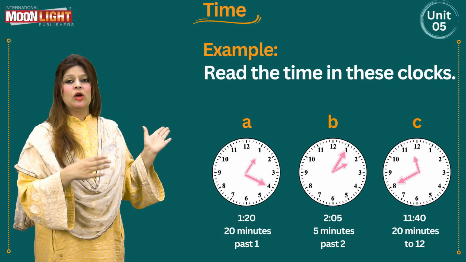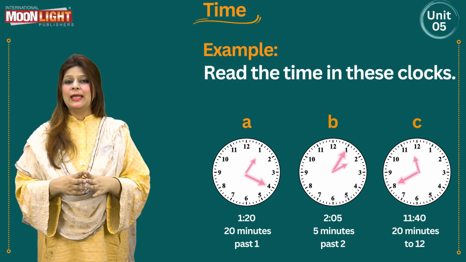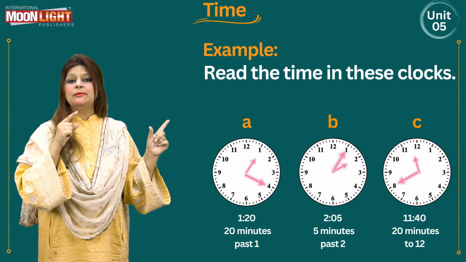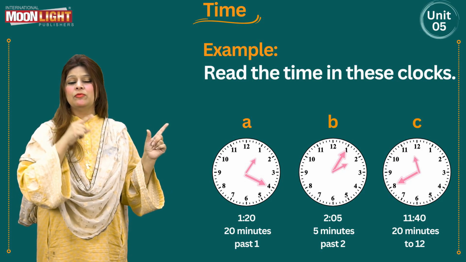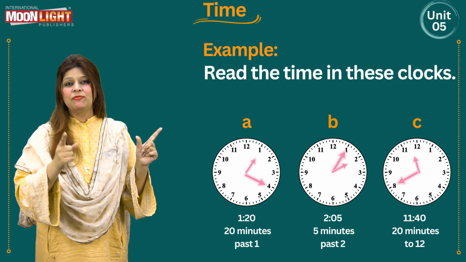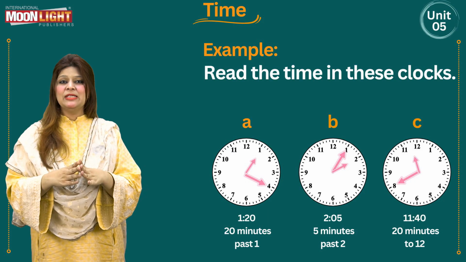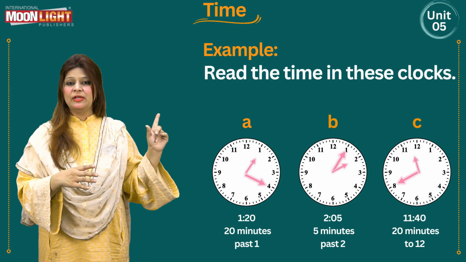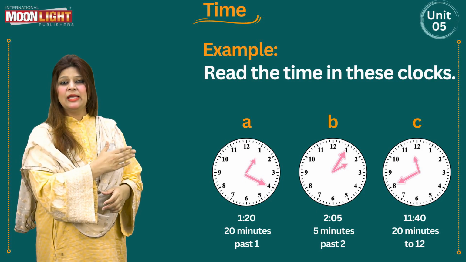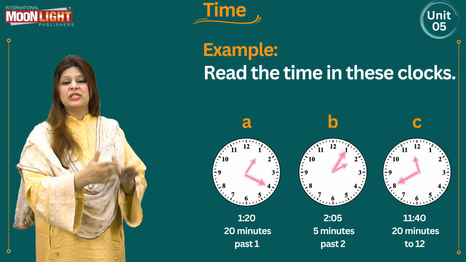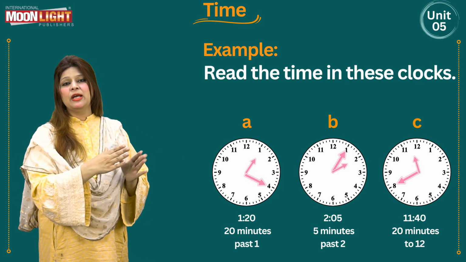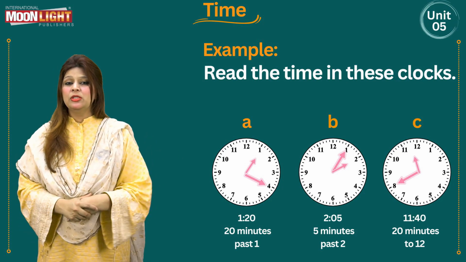Now part C. In part C, which time is the clock showing? The small hand is at 11 and the bigger hand is at 8. This 8 means that 5 eights are 40. So the time is 11:40, and we write it like this because we are showing the time according to this clock.